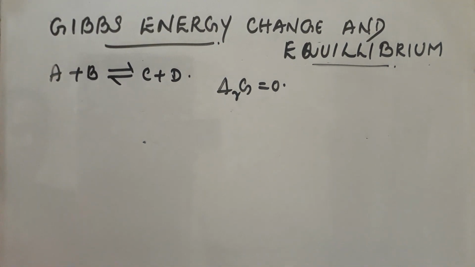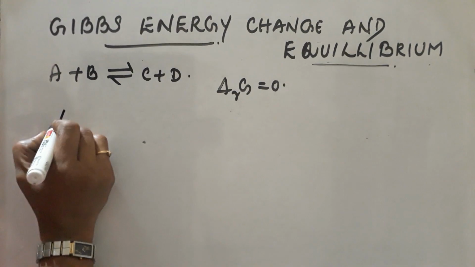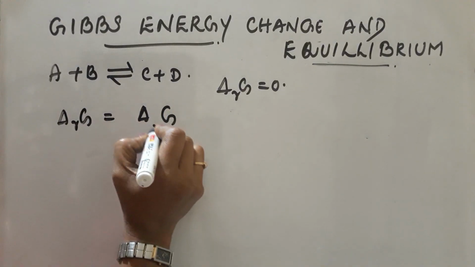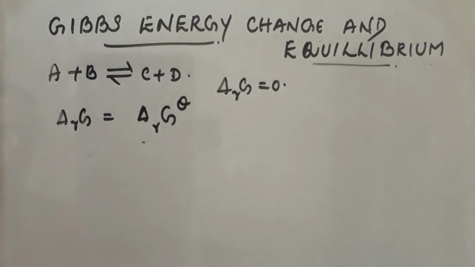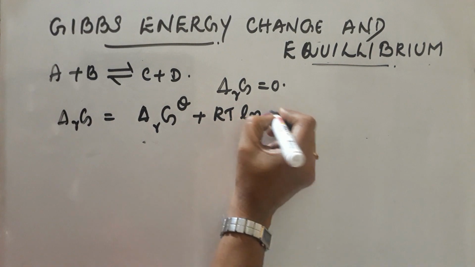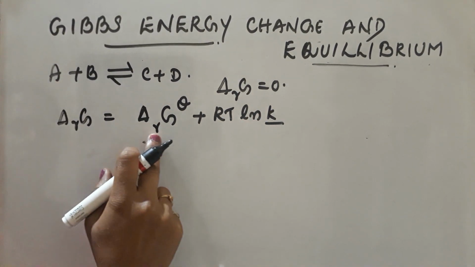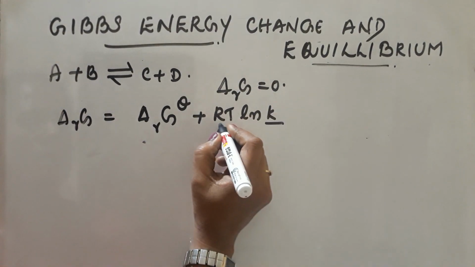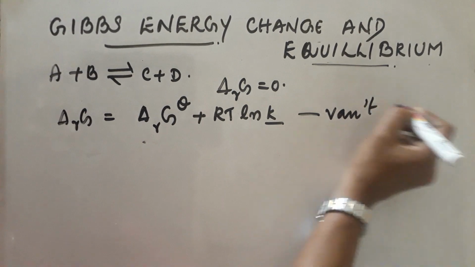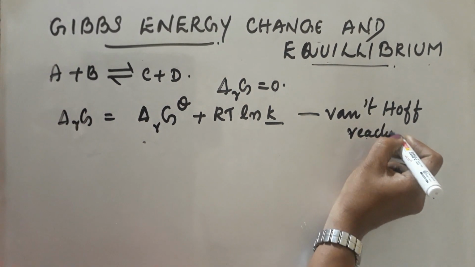There is an equation called the van't Hoff reaction isotherm: delta G of R will be equal to delta G at the standard state plus RT ln K. K is the equilibrium constant, delta G is at the standard state, R is the constant, T is temperature. This equation is known as the reaction isotherm.